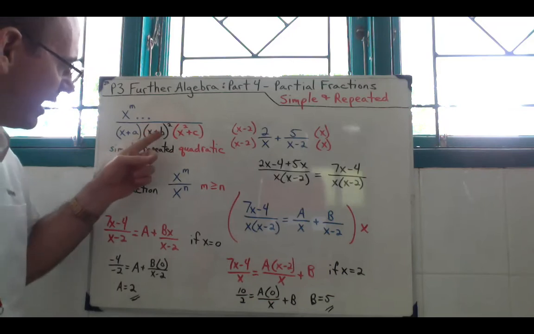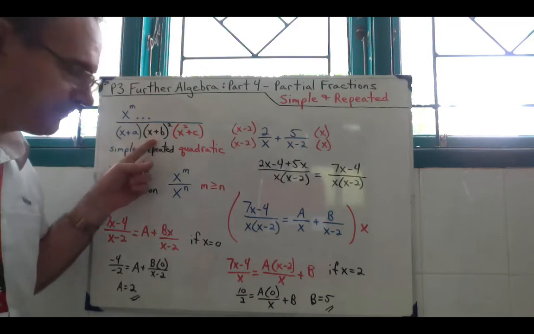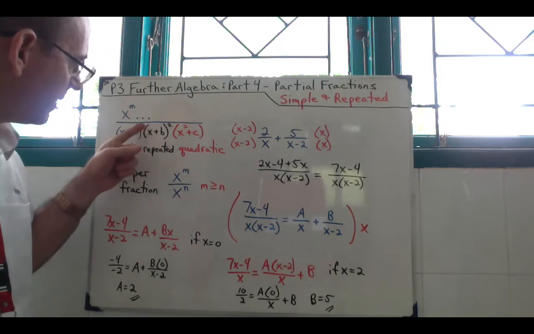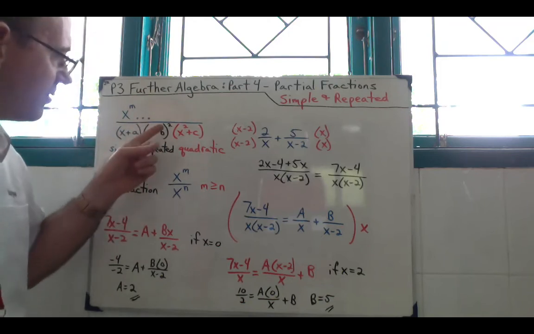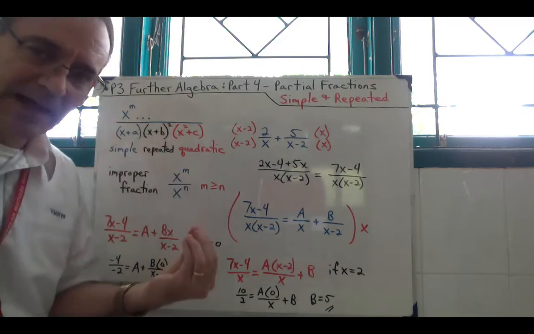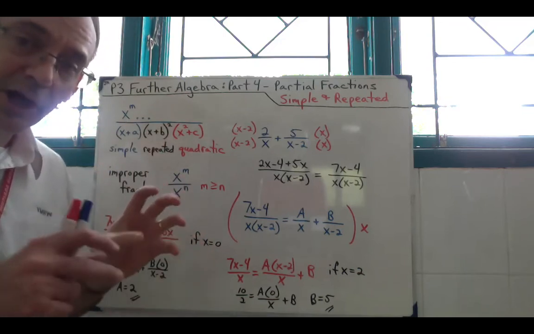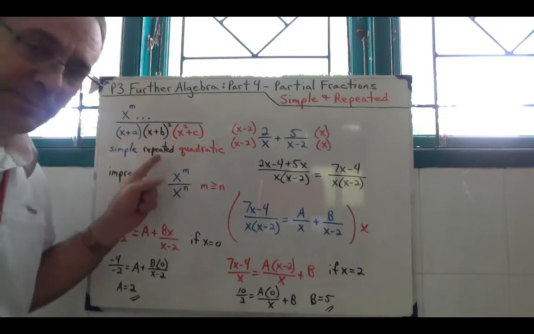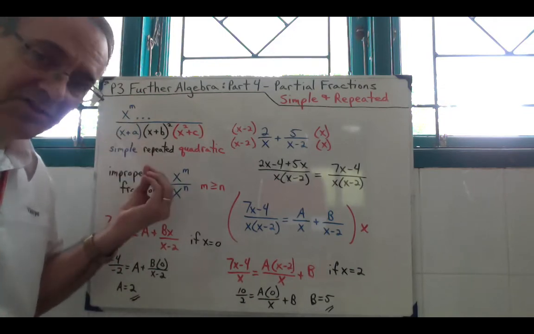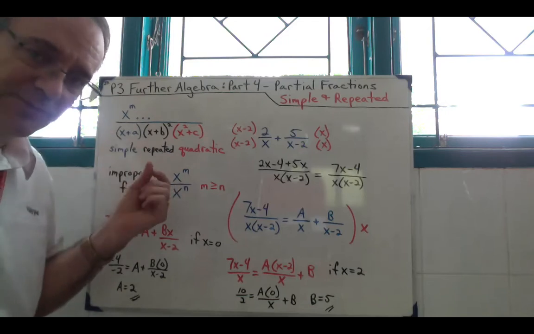Here we also have a linear factor with exponent of 1. However, this one is squared on the outside, meaning there are 2 of those factors. So it's said to be repeated. It's the same factor, it is linear, but there are 2 of them.